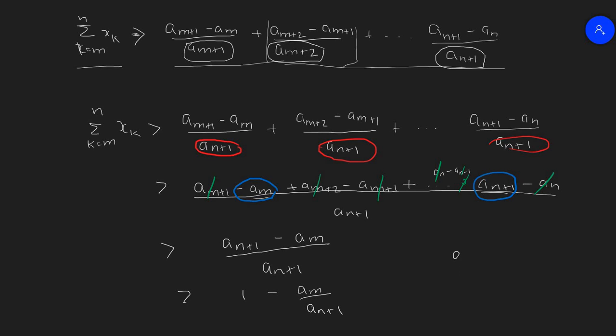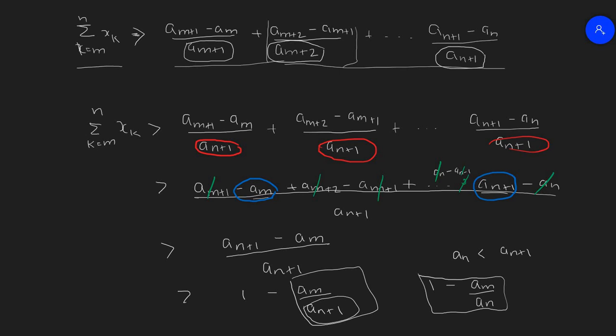But we know a_n is less than a_(n+1). So this term, a_m by a_n, is the greater term, and we are subtracting it. So if we subtract a_m by a_n, the quantity 1 minus a_m by a_n is smaller than this one.